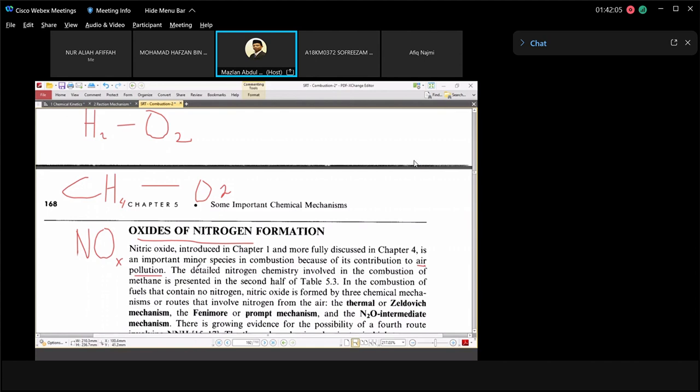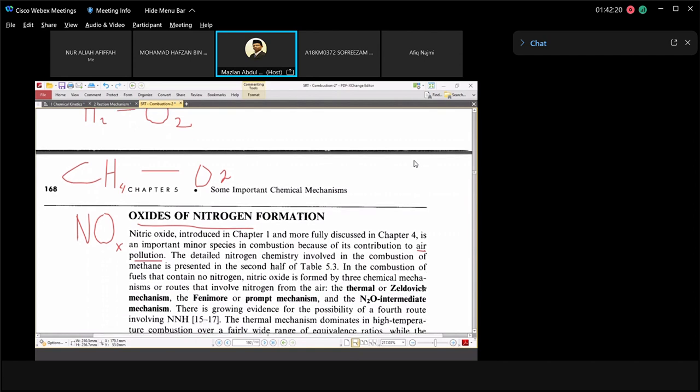The detailed nitrogen chemistry involved in the combustion of methane is presented in the second half of Table 5.3. In the combustion of fuel that contains no nitrogen, nitric oxide is formed by three chemical mechanisms, or routes, involving nitrogen from air: the thermal or Zeldovich mechanism, the Fenimore or prompt mechanism, and the N2O intermediate mechanism.